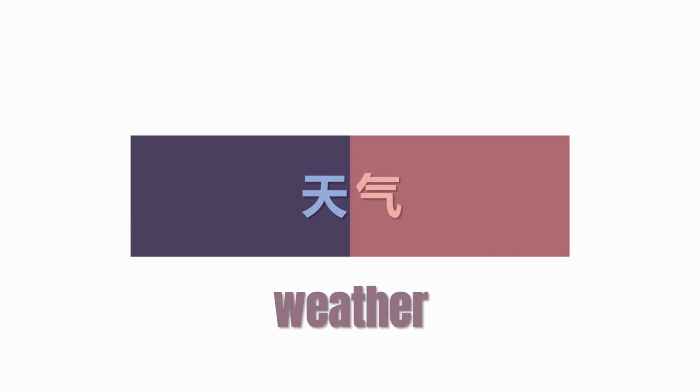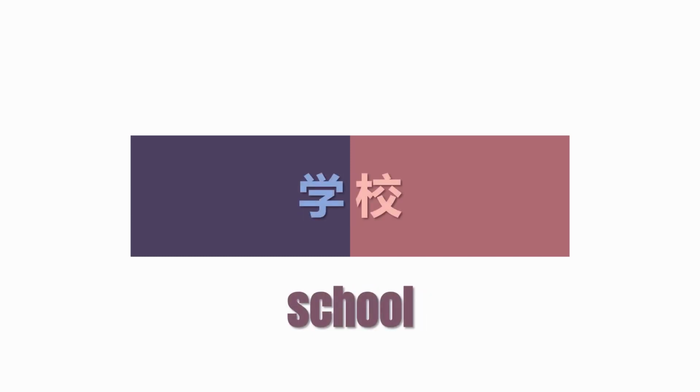They are all words with single characters, but not every single character can work as a word. In fact, in most cases, a Chinese word typically consists of 2 characters, such as 春天, 天气, 学校.